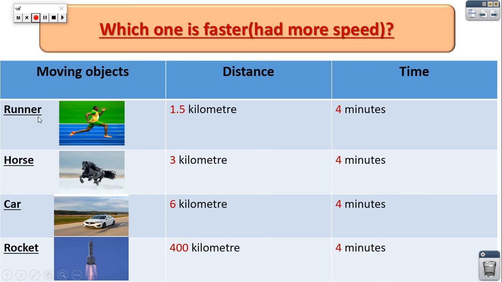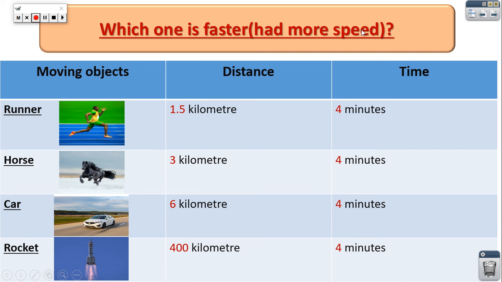We have here a runner, horse, car, and rocket. All of them move for 4 minutes. The runner finished 1.5 kilometers in 4 minutes. The horse finished 3 kilometers in 4 minutes. The car finished 6 kilometers in 4 minutes. And the rocket finished 400 kilometers in 4 minutes.